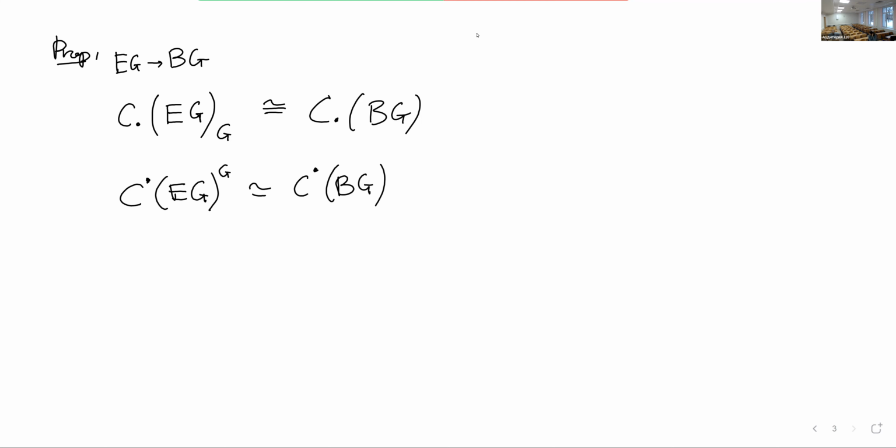Actually, we don't know what a model for EG is, but once we have it, it's straightforward to prove these two quantities. So we'll just assume it for now.